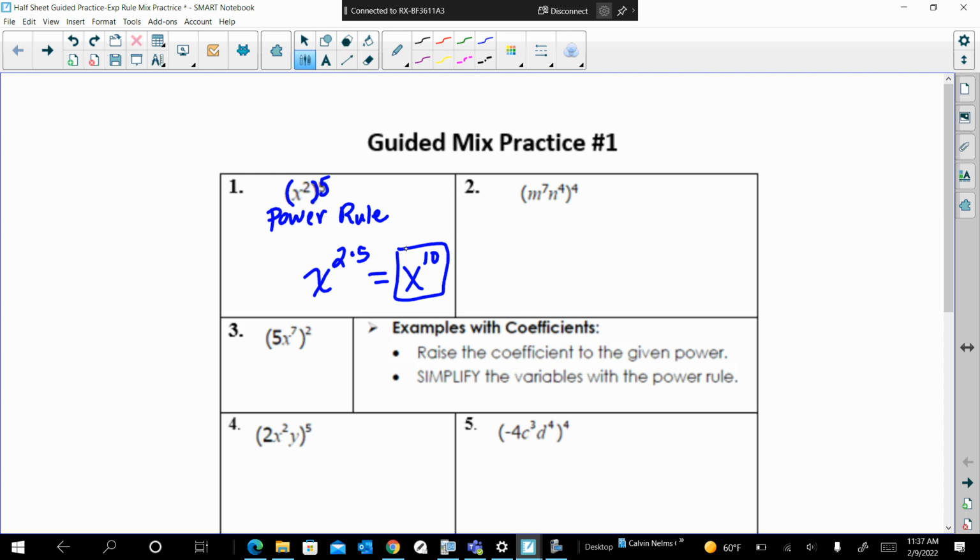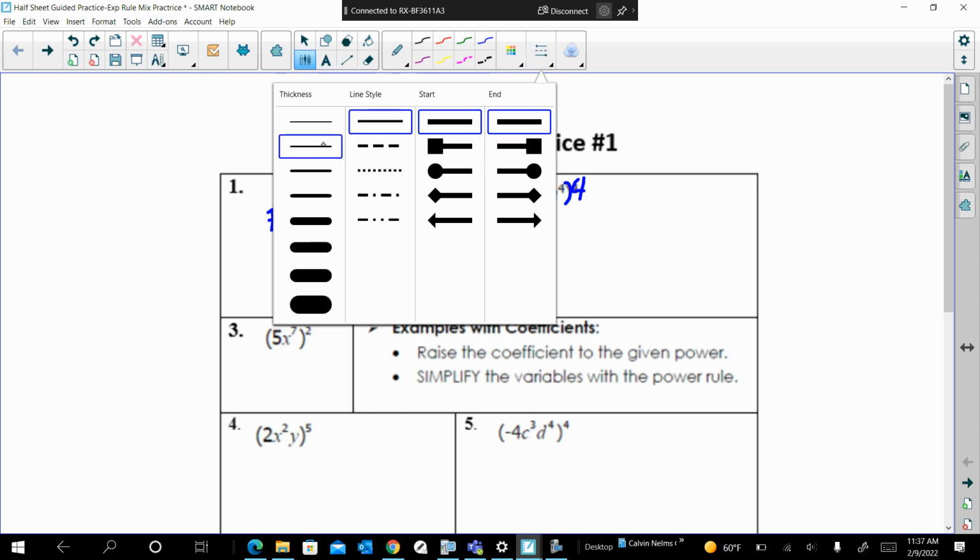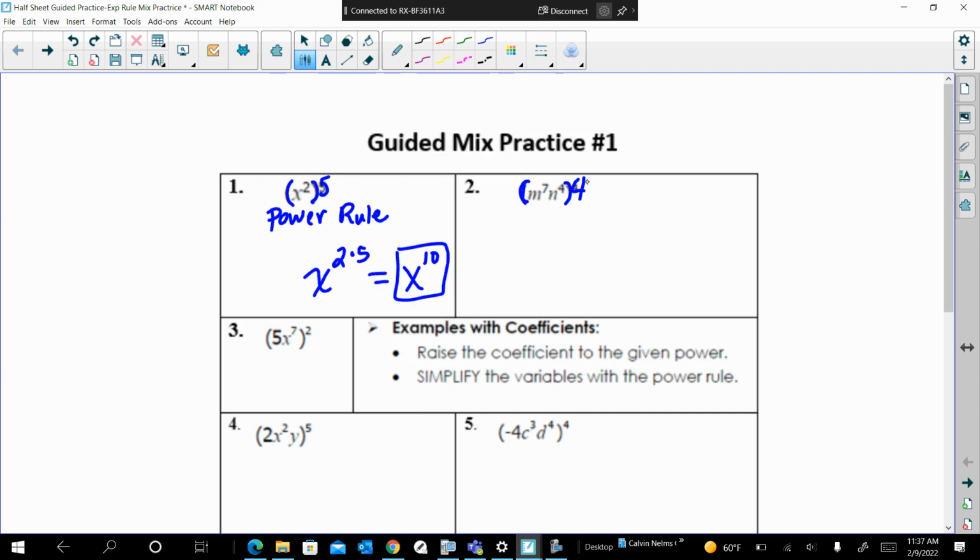Okay, so number 2 is the same rule, because hopefully you see again you have parentheses and you have an exponent outside that parentheses. Some people think of it as like distributing. If you want, you can think of it as applying that exponent to each letter.